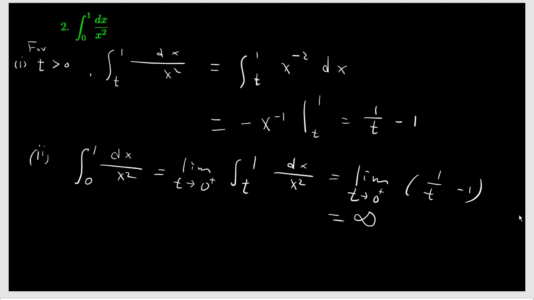As t gets tinier and tinier, 1 over t gets larger and larger. The limit of 1 over t is infinity as t approaches 0 from the right. I hope it makes sense. So this integral diverges to infinity.